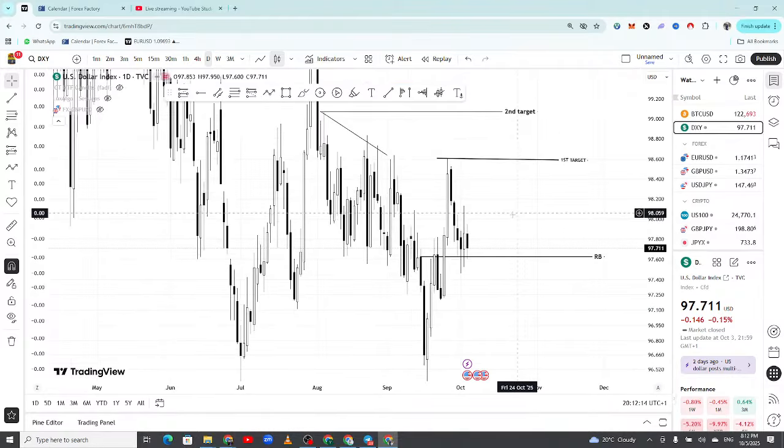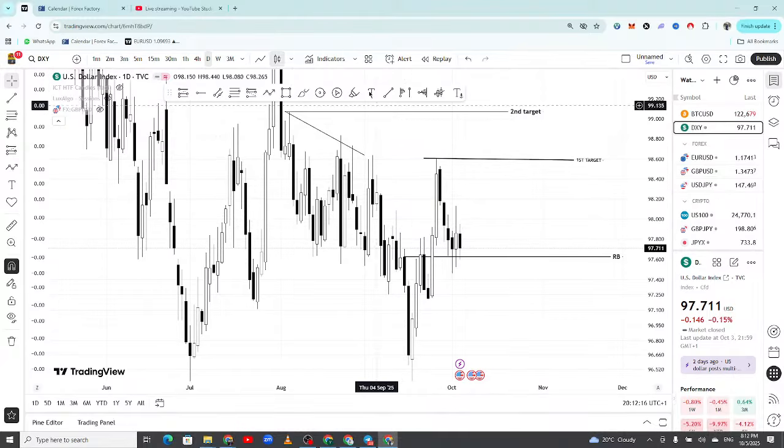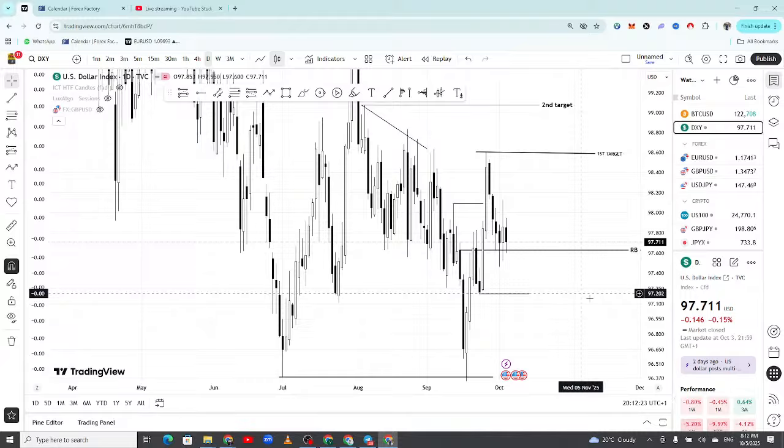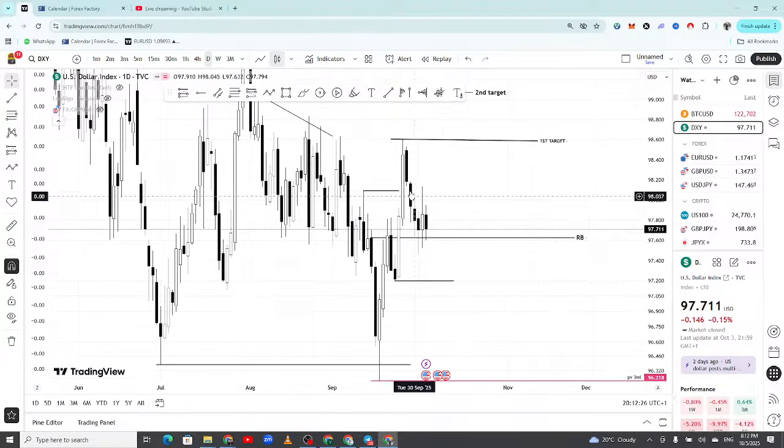Now on the daily time frame, we have price shifting bullish right from here, and then we have this intermediate low right here, and then we have this one right here.